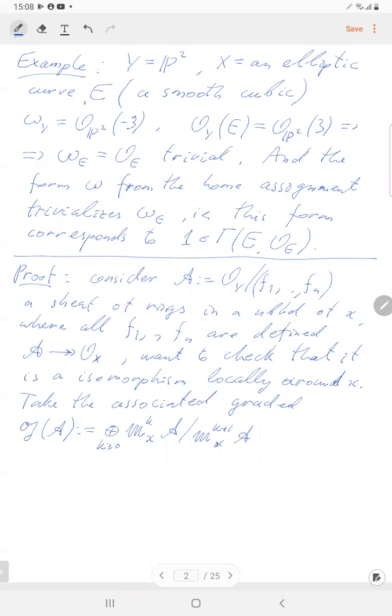Then this is generated by the image of the cotangent fiber at this point, modulo the differentials of these functions.